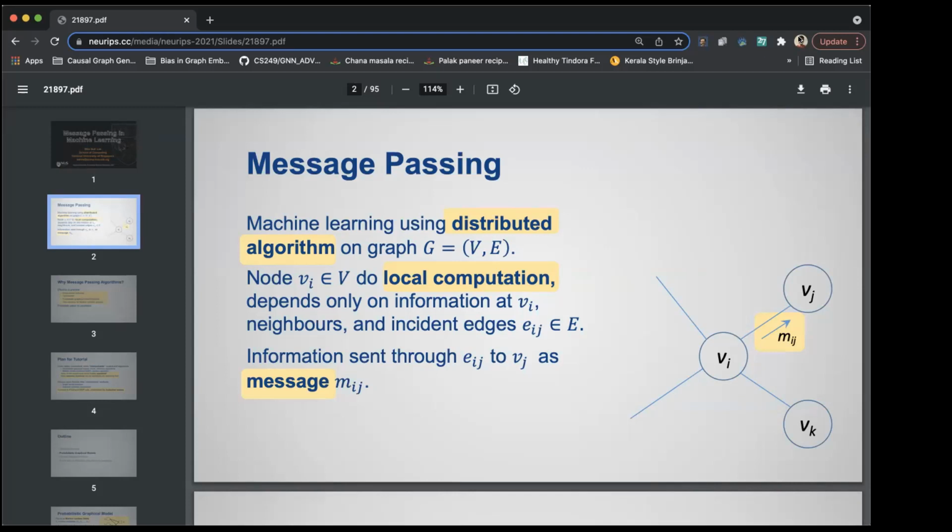Within this framework, each node Vi in our set of vertices does some local computation, which depends only on the information at the node Vi, its neighbors, and also incident edges Eij, so any edge connecting the node Vi to its neighbors within the set of edges. And we further know that information is sent through the edges to each vertex Vj as a message, Mij.